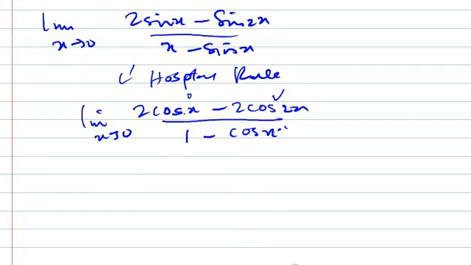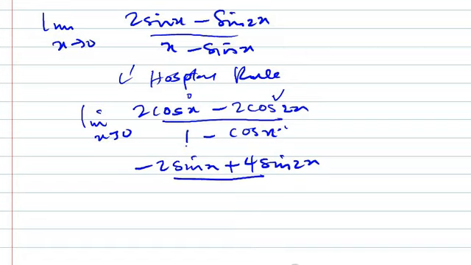The derivative of cos is minus sine, so we have minus 2 sine x, and the derivative of the other cos is minus sine, so minus, and the coefficient 2 times 2 is 4, so we have plus 4 sine 2x, all over the derivative of the constant, which is 0, and the derivative of cos is minus sine, so we end with sine x.